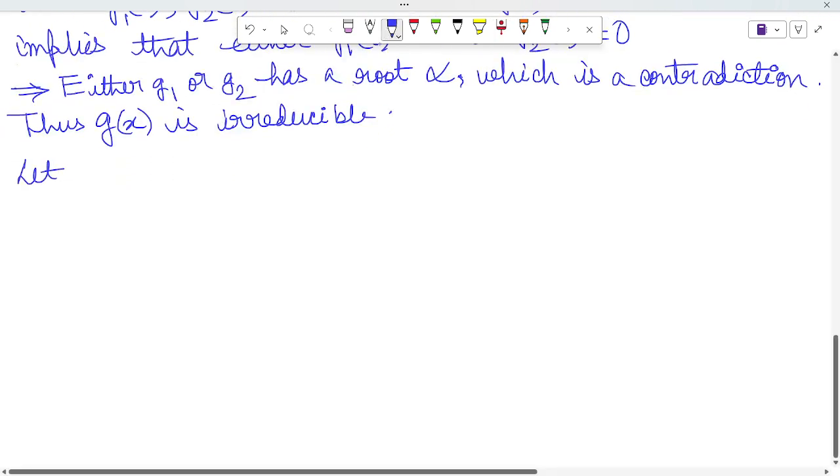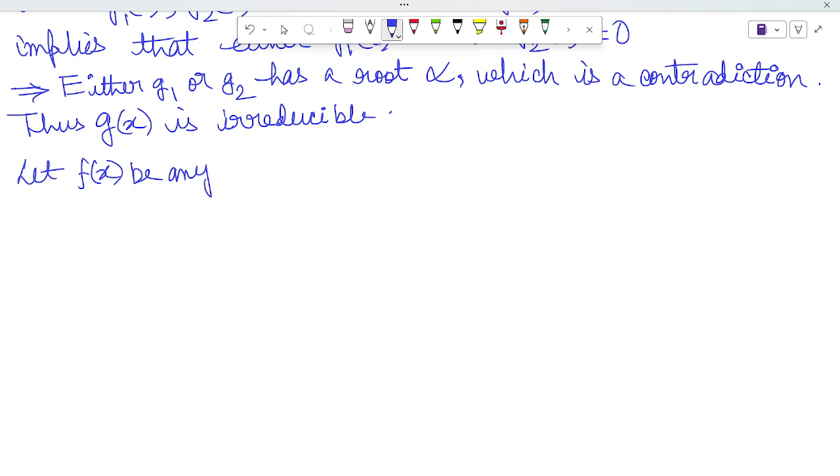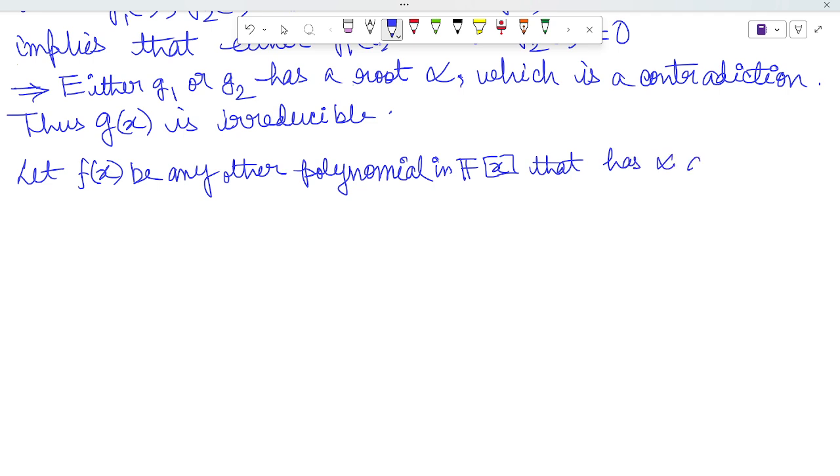Let f(x) be any other polynomial in F[x] that has alpha as a root.